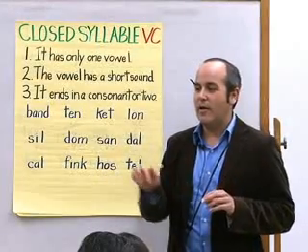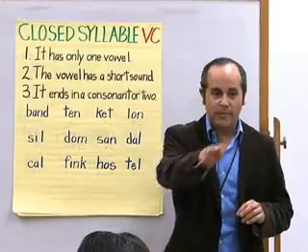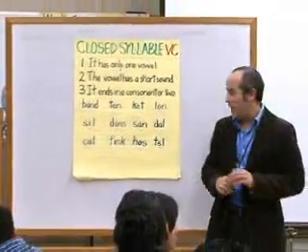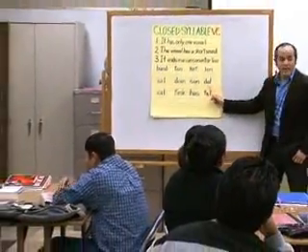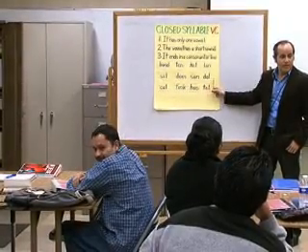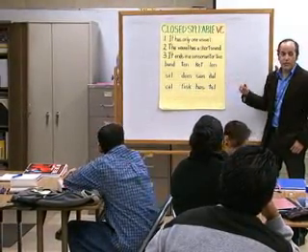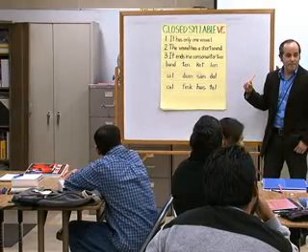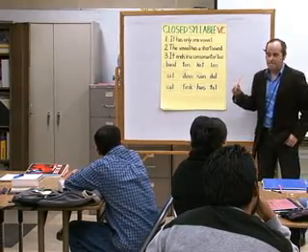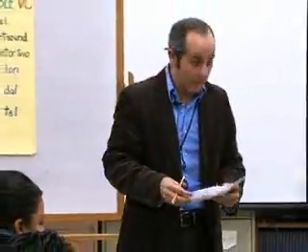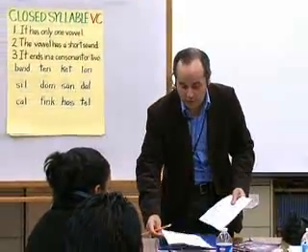What I'm going to have you do now is work in pairs, identifying the vowel and marking it, identifying the consonant and marking it, and marking the short sound of the vowel. I want you to do it out loud.